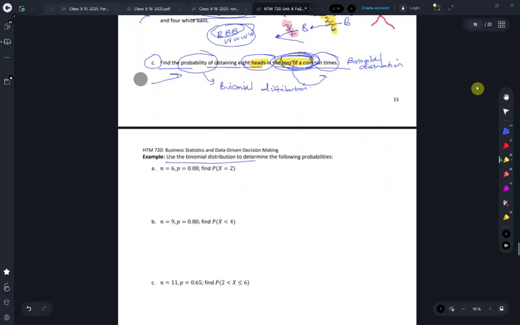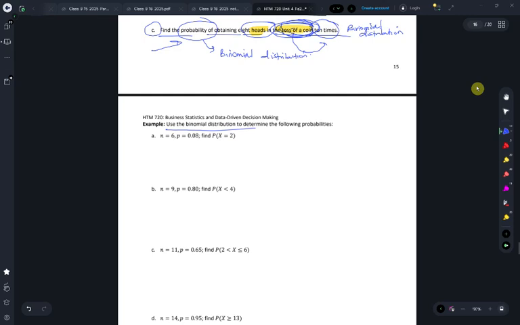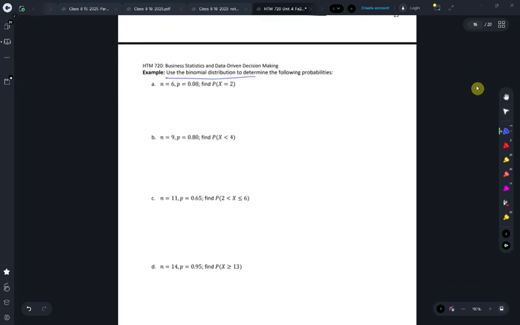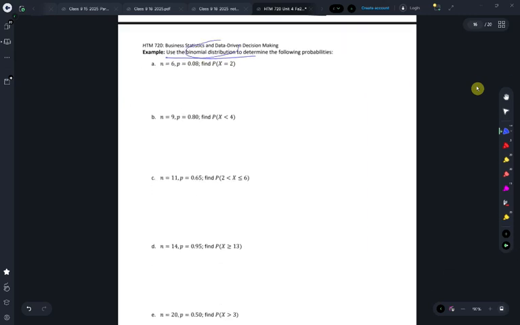Now, once we identify a binomial scenario, it can be described using a binomial distribution, and it has a formula for computing probabilities, which we won't get into.